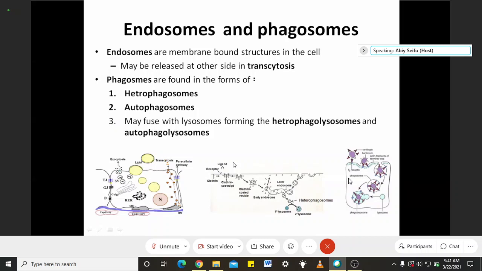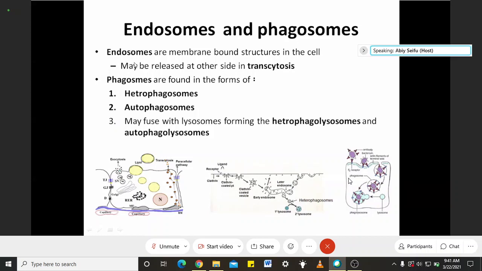And the next organelles, important machineries, membrane bound and found within the cells, engaged in active activities, are the endosomes and the phagosomes. We already mentioned them when we looked at the membrane. I've shown you these pictures, that substances are internalized into the cell, being wrapped by membrane, forming vesicles.